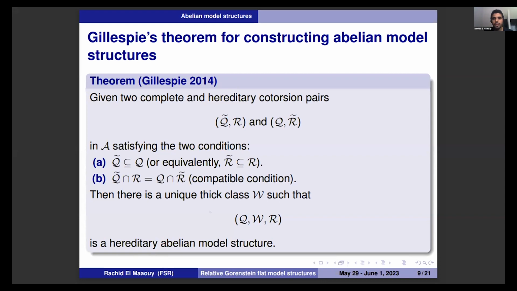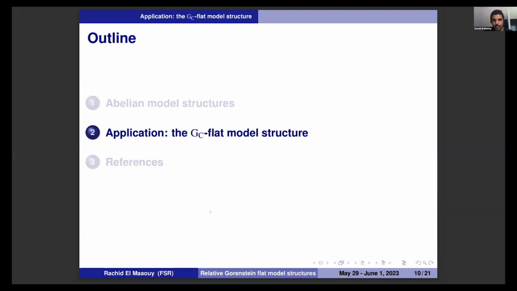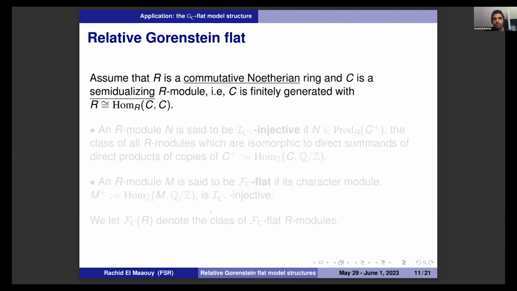Now we recall everything we need in order to apply to our main concept next. So now we talk about our application.